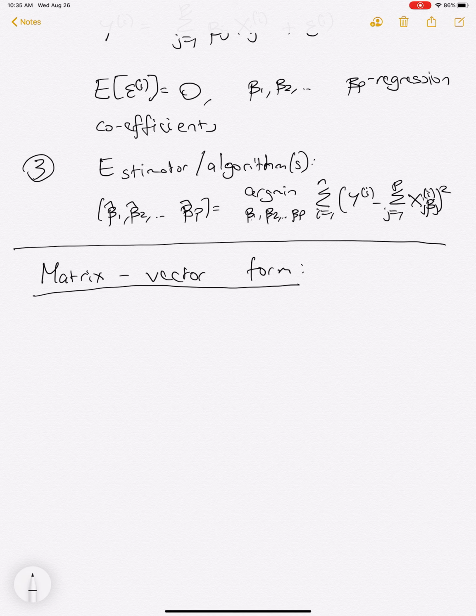So I'm going to introduce some notation. We're first going to have a p-dimensional parameter vector b here. Then we're going to have a matrix here.